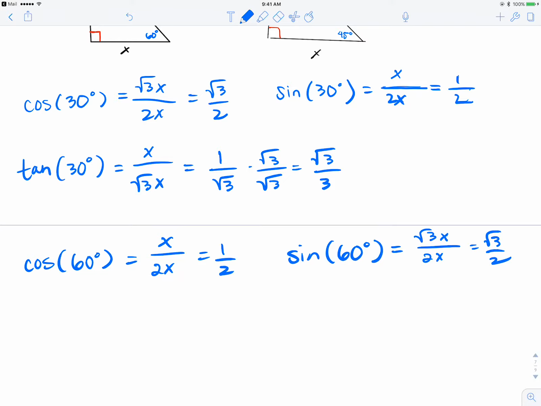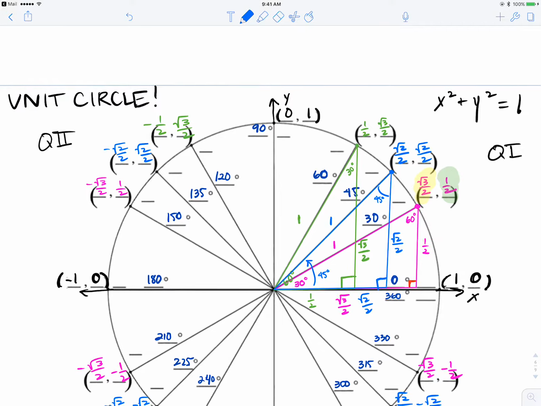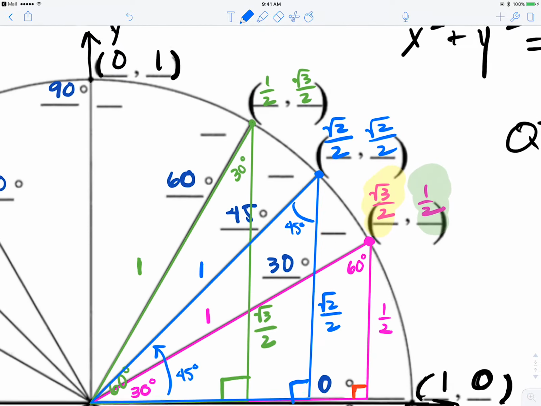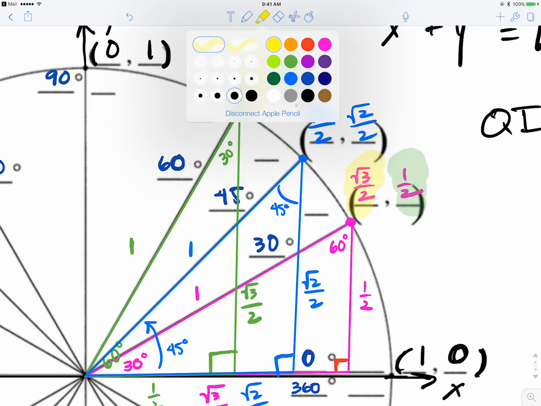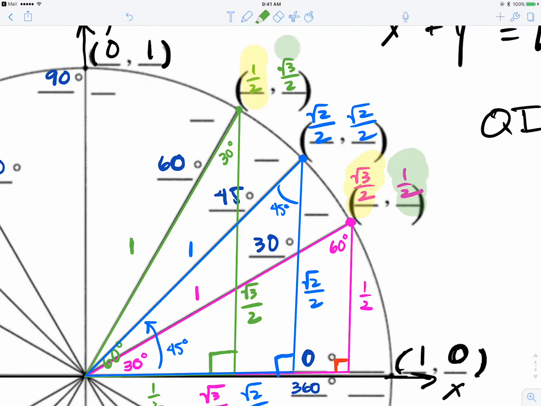So going back up to our unit circle and comparing, at 60 degrees, you guys said that cosine of 60 degrees was equal to 1/2. Sine of 60 degrees was equal to root 3 over 2.